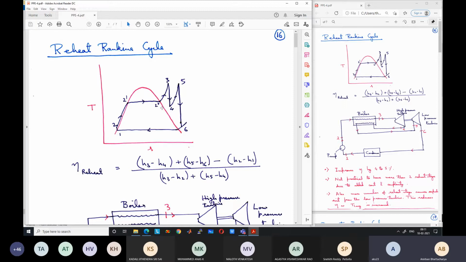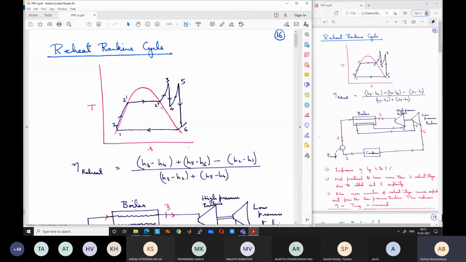Total heat transfer is increased, meaning during the entire cycle. Because during the entire cycle the heat transfer is equal to the net work output, the net work output has also increased per unit mass. So the net specific work output, meaning per unit mass, increases if we use a reheating process.